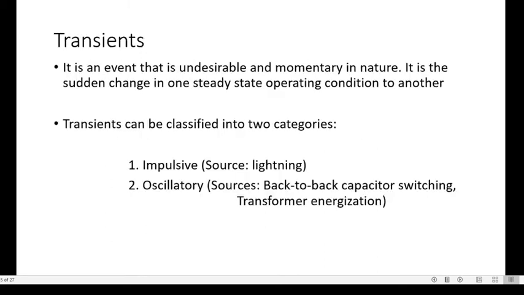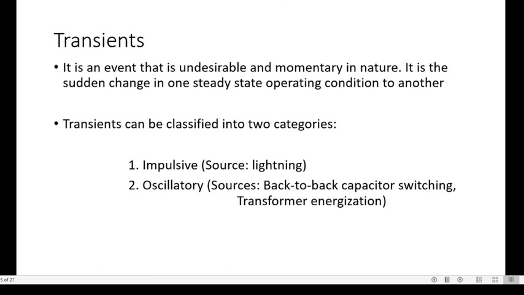So again, let me define transients as an event that is undesirable and momentary in nature, for a short time. It is the sudden change from one steady state operating condition to another which is undesired.